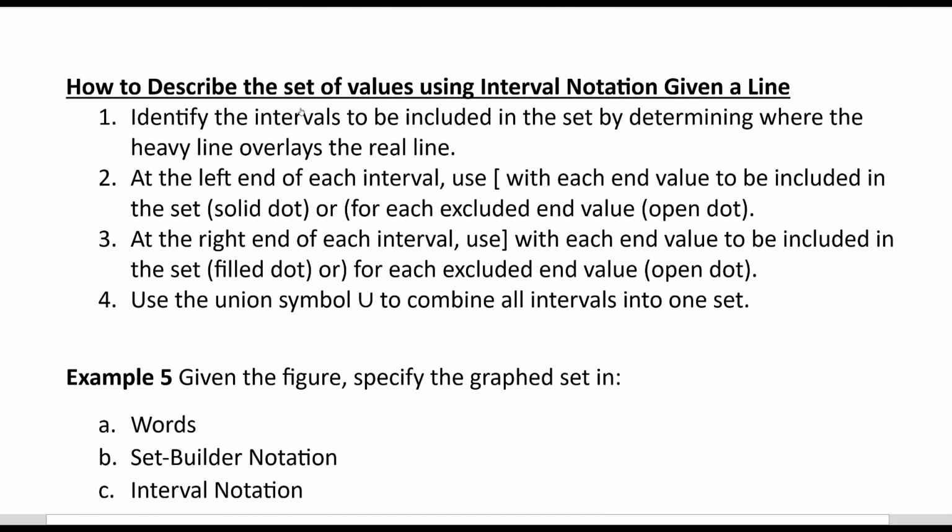So how to describe the set of values using interval notation given a line. Identify the intervals to be included in the set by determining where the heavy line overlays the real line. At the left of each interval, use the squared off bracket with each end value to be included in the set with a solid dot, or for each excluded end value an open dot.